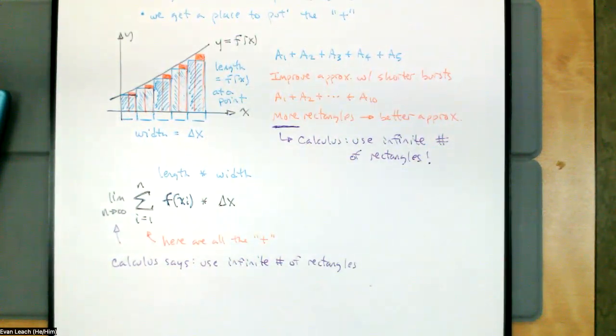So we're adding up all these length times width. The weird thing that's going on here is that as the number of rectangles increases, the width of each rectangle gets closer to 0. So we can't just say there's an infinite number of rectangles and they all have a width of 0. The width is just infinitely small, but not 0. Because otherwise I'd have length times 0 and they'd just be 0. But clearly there is some area there.